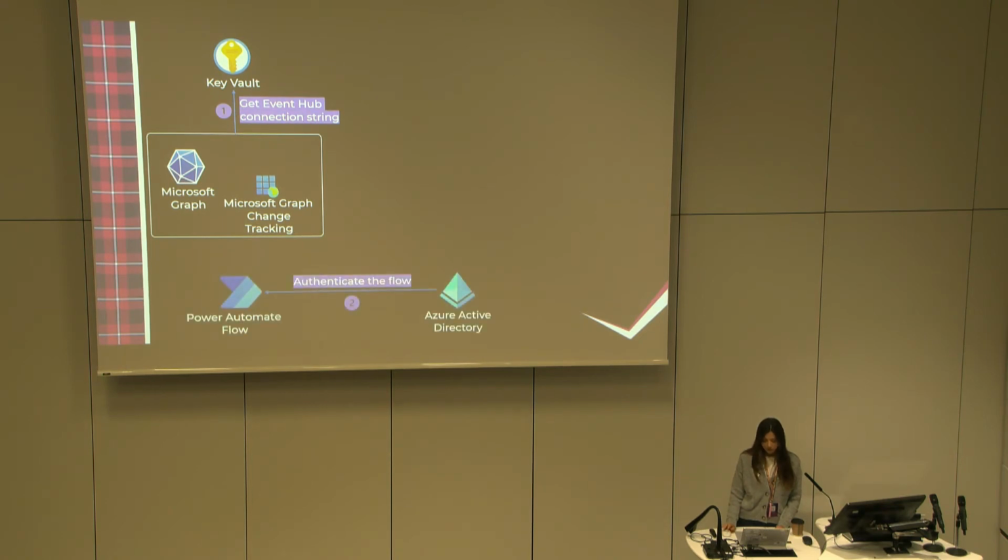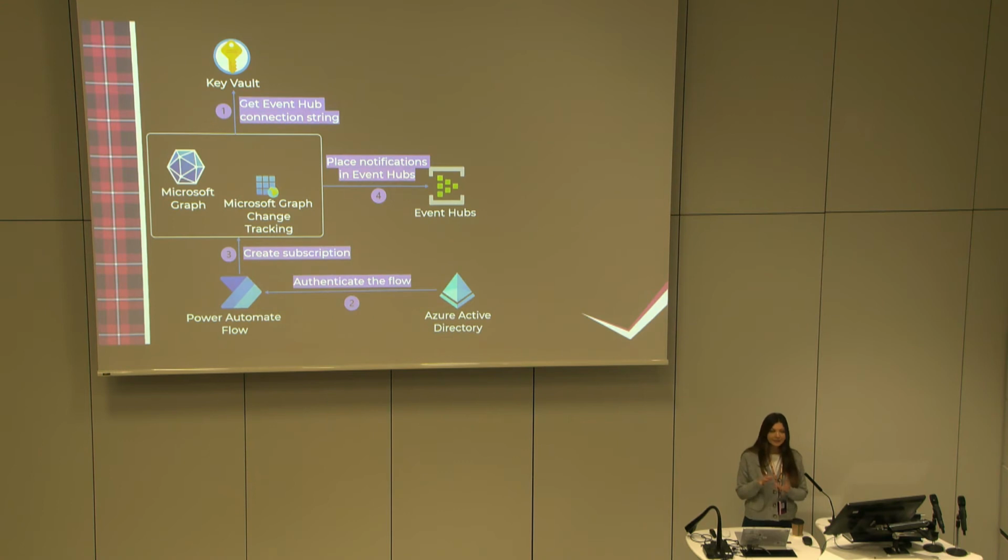We authenticate to the Power Automate flow by using Azure Active Directory, and we create a subscription for the Graph change notifications, right? So far, we've already seen that. And now, whenever there's a change about the presence, we will be sending this data to event hubs. So we don't have to do anything about this part. It's already set. Power Automate did the subscription. So whenever there's a change, the URL that we use for placing the data will be our event hub. So this is already done.